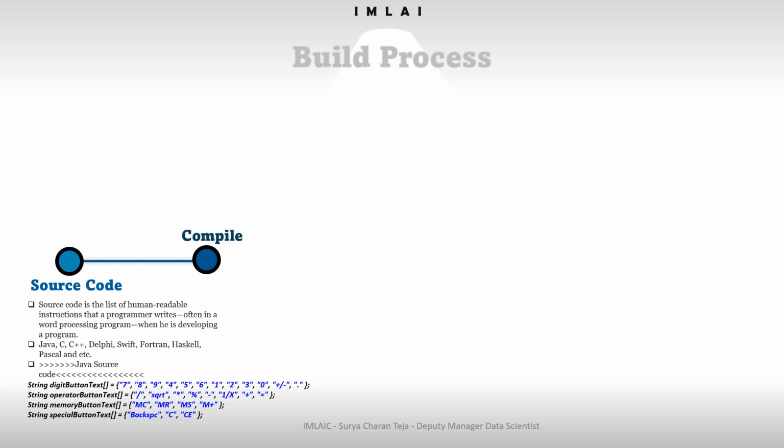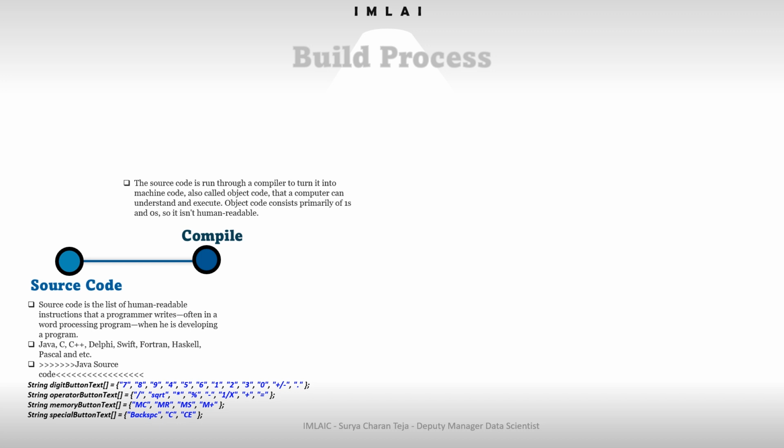Object code consists primarily of ones and zeros, so it isn't human readable code. A compiler is software that converts the source code to the object code, source code to machine code. In other words, it converts the high level language to machine language. Moreover, it is necessary to perform this step to make the program executable.